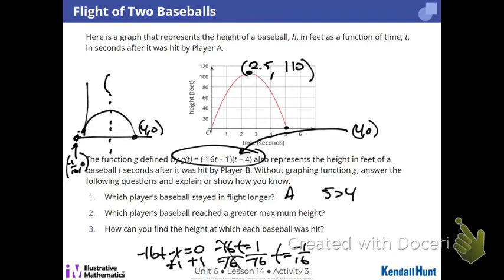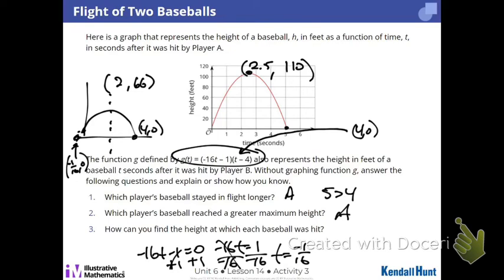But for player B, the axis of symmetry is close to 2, halfway between 0 and 4. So I throw 2 into my function there. Negative 16 times 2 is negative 32, minus 1 is negative 33, times negative 2. It goes up 66. So which one goes higher, A or B? A. Well, A's just killing it compared to player B.